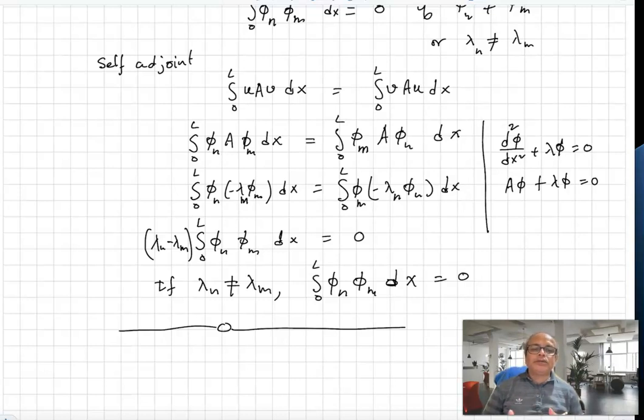So without solving the problem, I can mathematically prove whether the integral of two eigenfunctions multiplied vanishes or does not vanish, without doing the calculation. And the trick I have used is by considering the self-adjoint property of the operator.